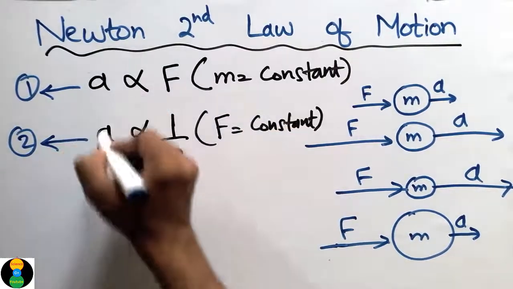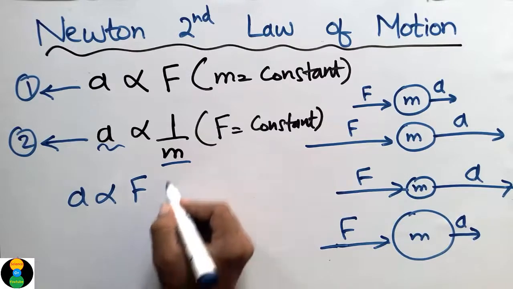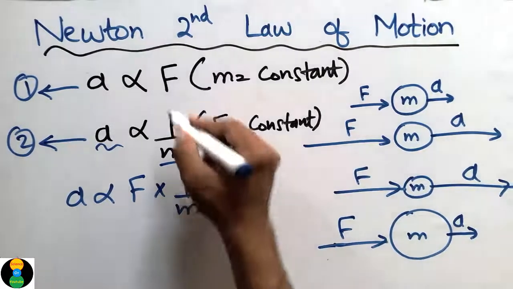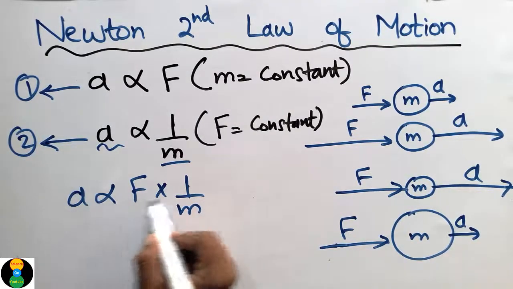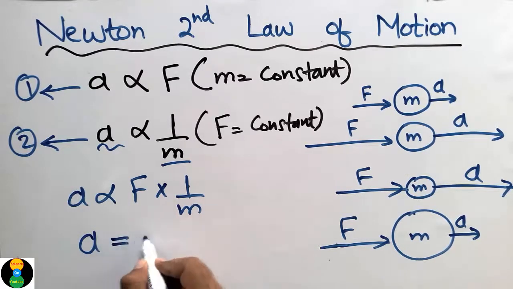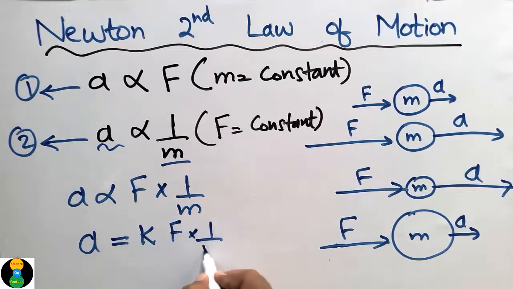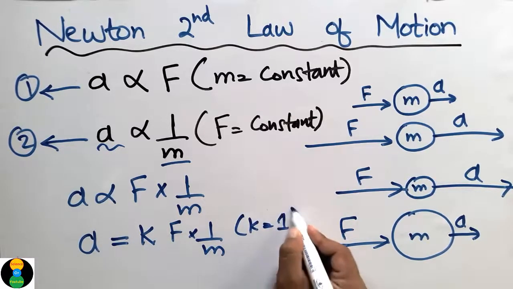Now by combining these one and two equations, we get force times 1 over m. The acceleration is directly proportional to the force and in inverse relation with the mass. So by replacing the proportionality sign, we put a constant here, and the constant is the value of 1, k.